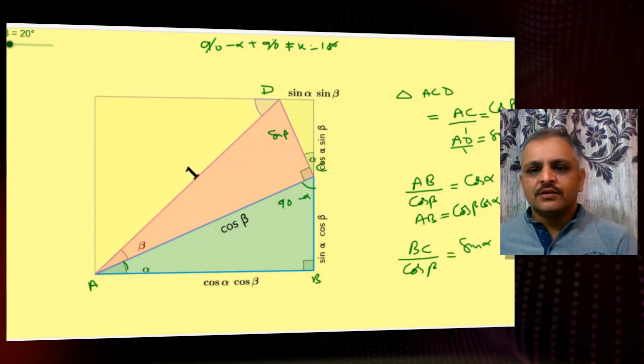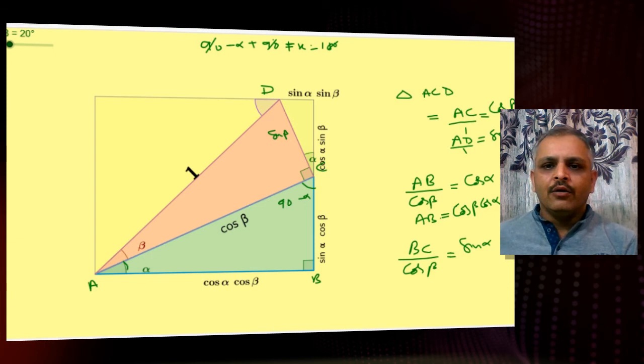Complete this rectangle. Now this complete angle will become alpha plus beta. And if you notice, this angle is the alternate angle for this one, alpha plus beta. So this angle will also be equal to alpha plus beta.